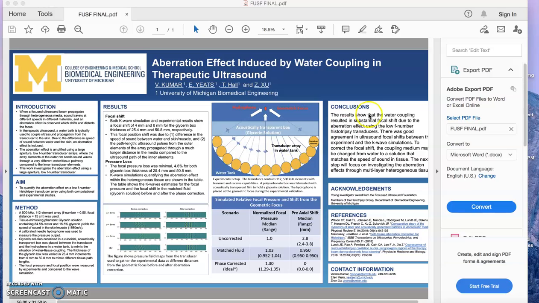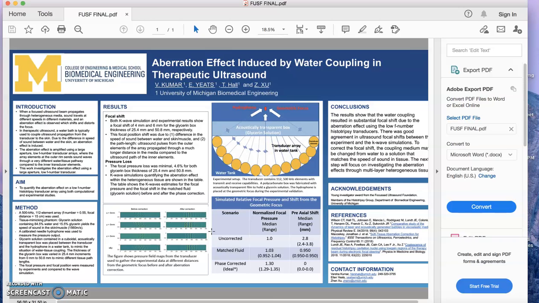The calibrated needle hydrophone was placed at the geometric focus to measure the pressure output. This glycerin solution was placed in a large acoustically transparent box, which was varied in 25.4 millimeter increments, or inch increments, to mimic different tissue path lengths.